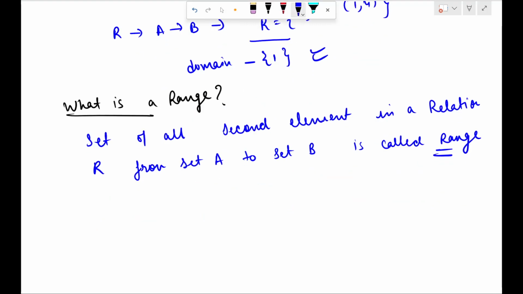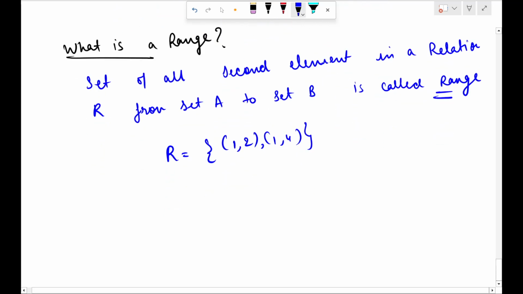So if we have the above example, R is a relation where (1, 2) and (1, 4) are the ordered pairs, and the domain is 1, so our range is {2, 4}.